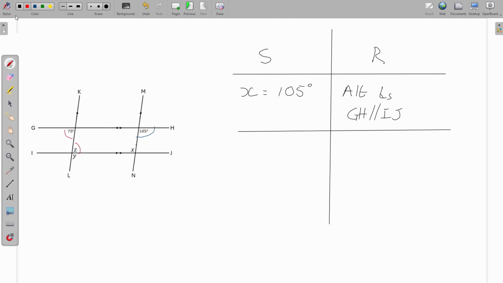So if Z is the alternate of 75, we can say Z is equal to 75 degrees because of alternate angles. And the parallel lines I used were GH being parallel to IJ.